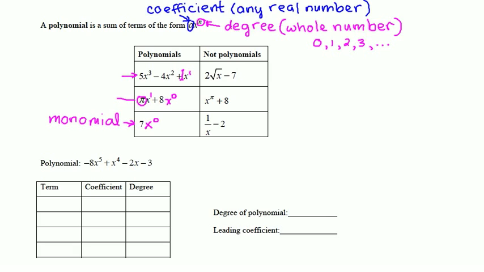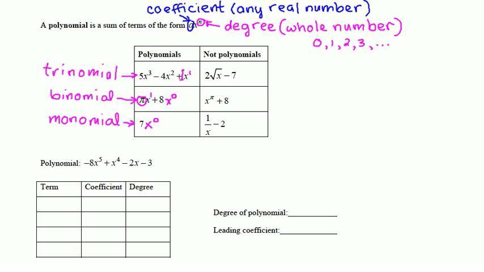A two-term polynomial, like we see right above it, is called a binomial. And a three-term polynomial is called a trinomial. But all of these satisfy the definition of a polynomial.